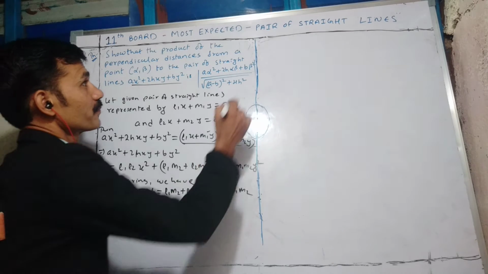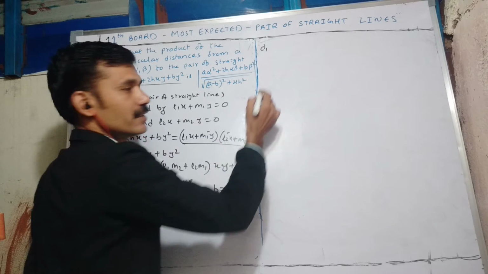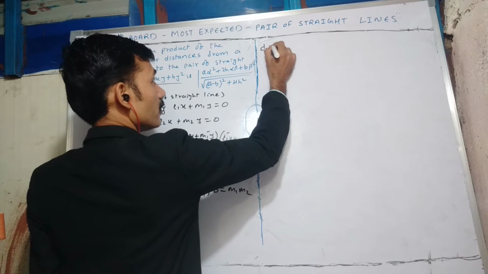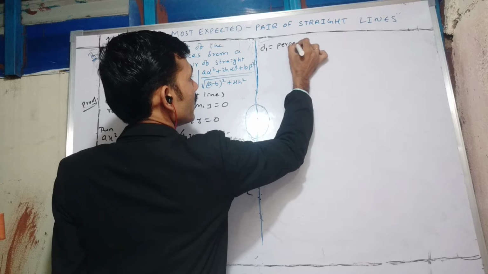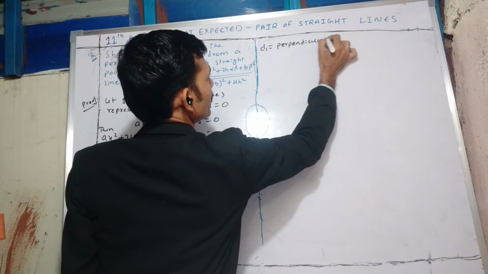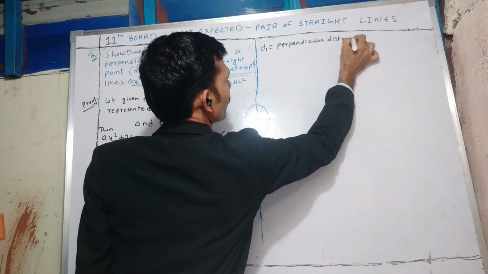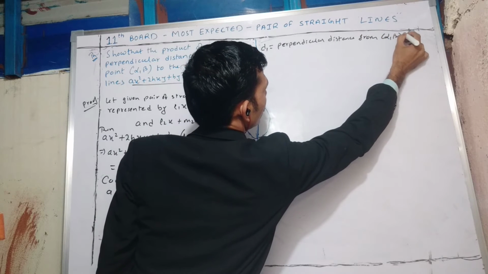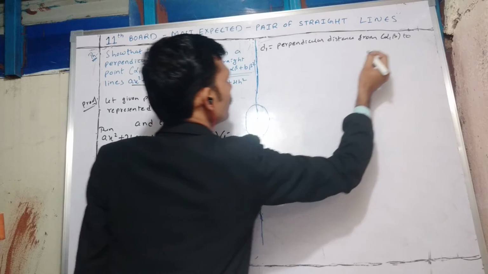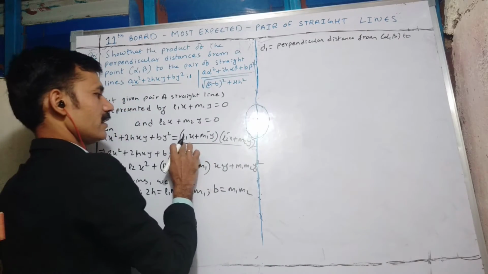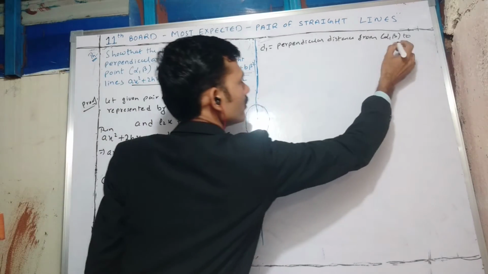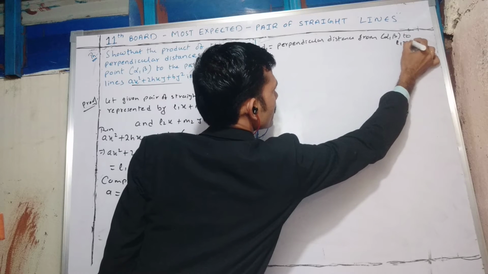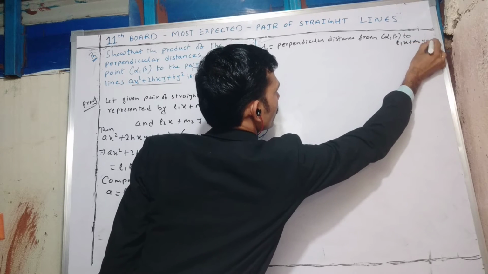First we'll write, let D1 be the perpendicular distance from the point alpha beta to one equation what we are having, L1x plus M1y equal to 0.